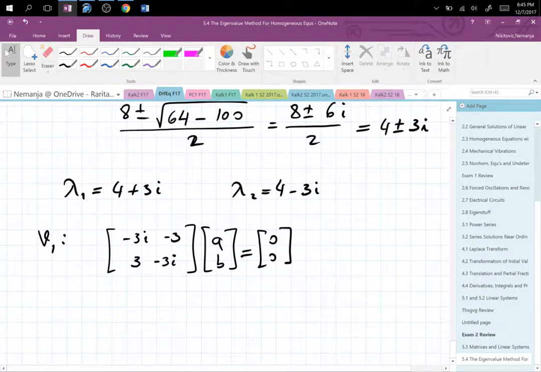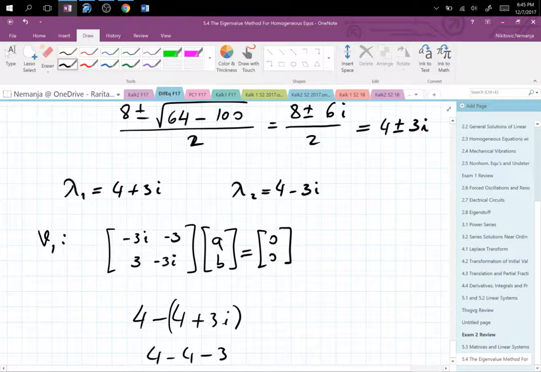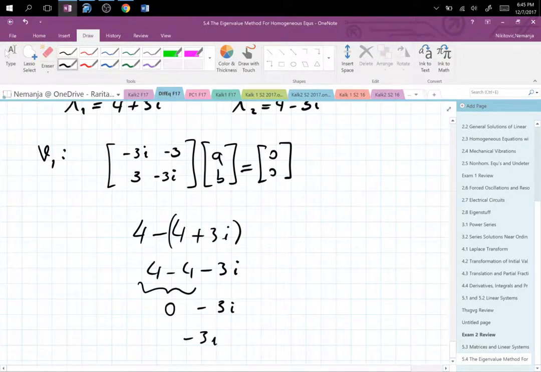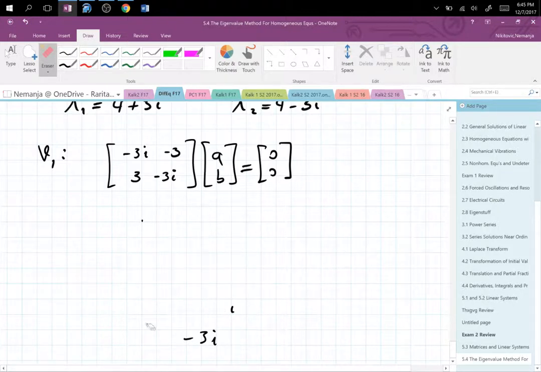I'm doing lambda 1 now. Isn't wait, so what's the first? What is 4 minus 4 plus 3i? 4 minus 4 minus 3i. 4 minus 4 is 0 minus 3i, and negative 3i. So just walk away, all right? Or should I go to the next level? Back off.